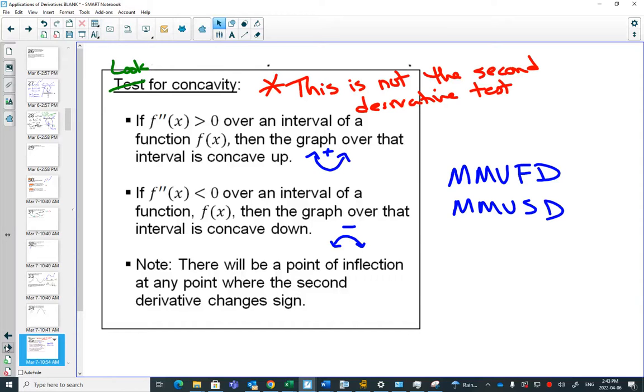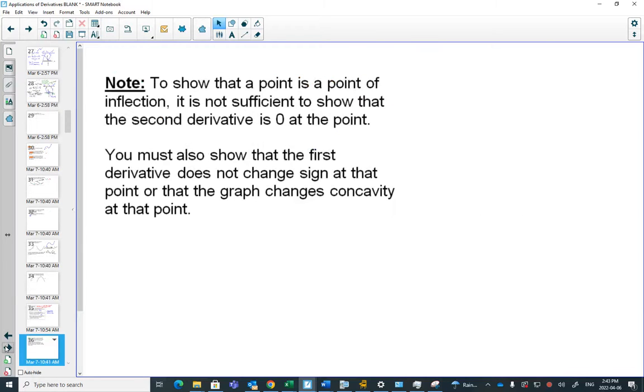And any time that you change from positive to negative, if the second derivative exists at that point, you will have an inflection point. To show max or min, to show points of inflection, you always need two pieces of information.